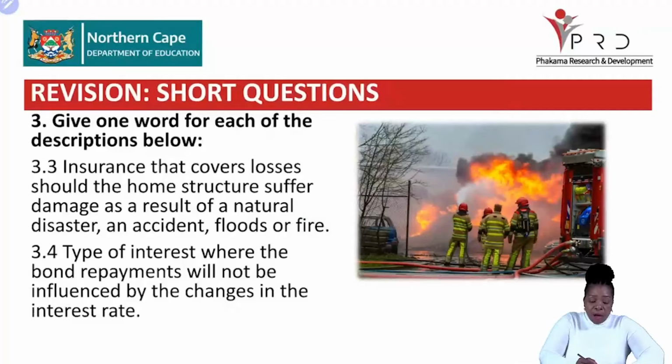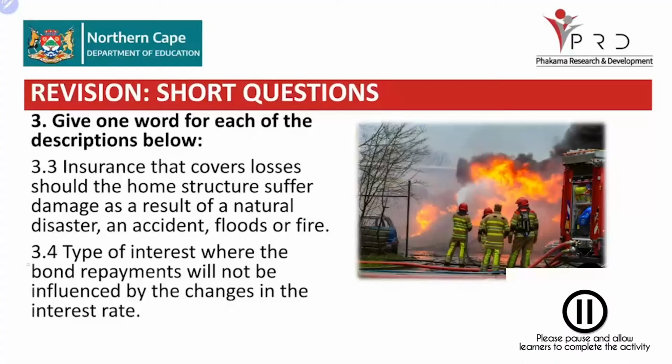And then our 3.4 reads type of interest where the bond repayment will not be influenced by the changes in the interest rate. Right. I'll also give you another 2 minutes to answer these questions.